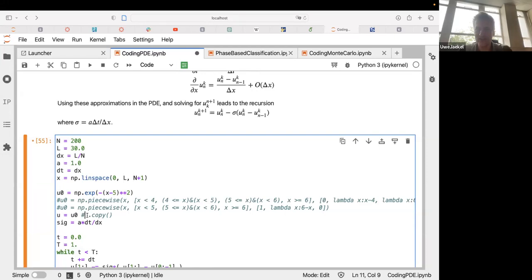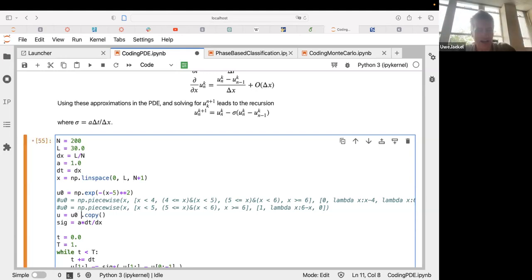So what I need is really a copy. I don't want just a pointer to the same object. I want two objects that both contain the same information at the first step. That's why I choose this.